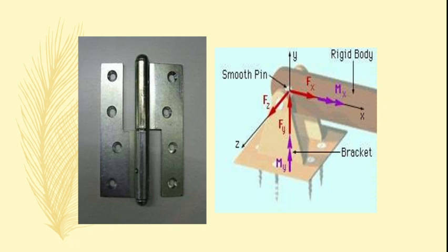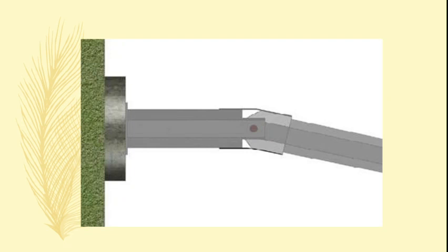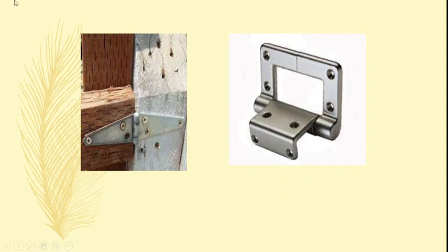It can only rotate. That is why it is the hinge support. Okay, here you can see one hinge support or the pin support. This kind of support is a hinge support. Okay, the door can rotate but it cannot translate perpendicular or parallel to the surface.